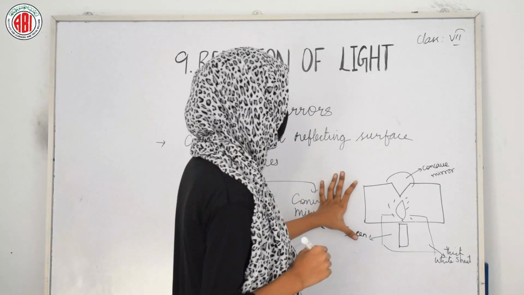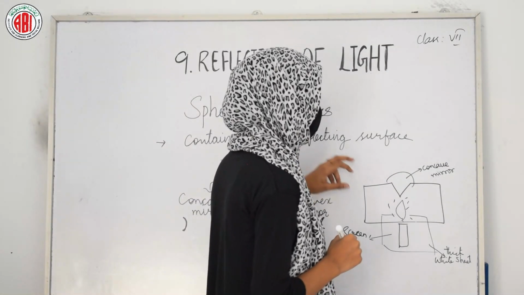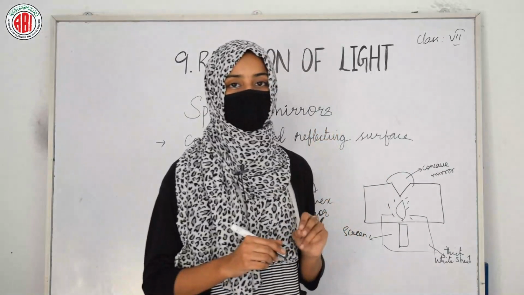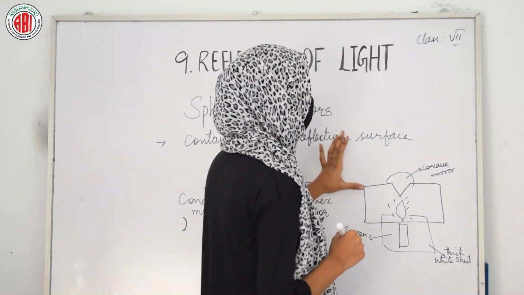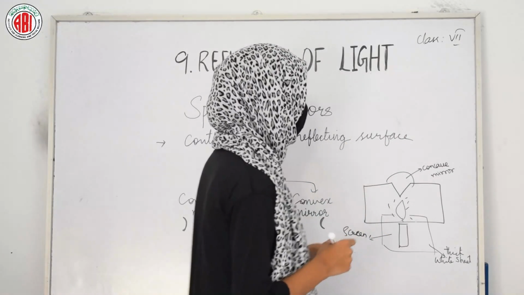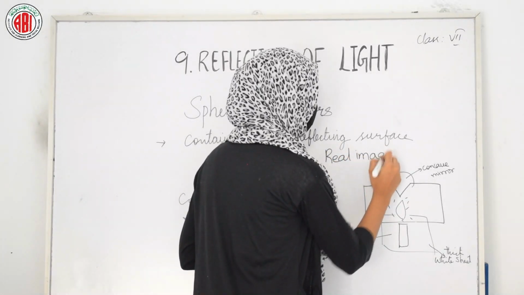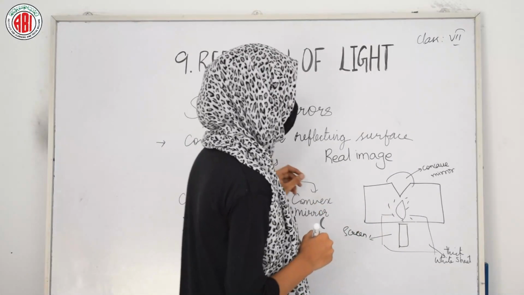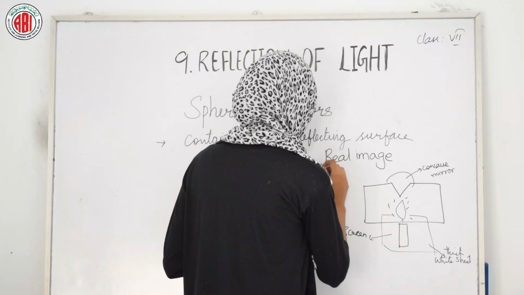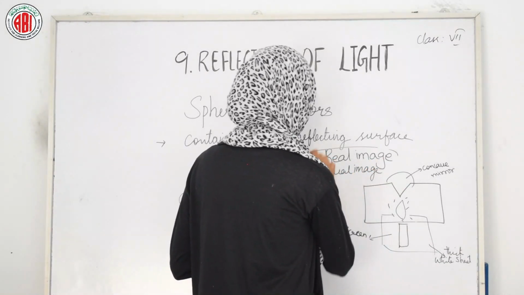After doing this, observe the images that appear on the screen as well as in the mirror. If the image appears on the screen as well as in the mirror, then that type of image is called a real image. But if the image can't appear on the screen and only appears in the mirror, then that type of image is termed a virtual image.